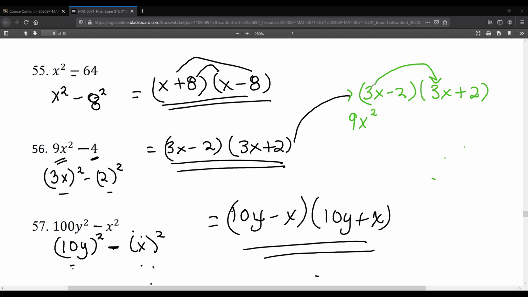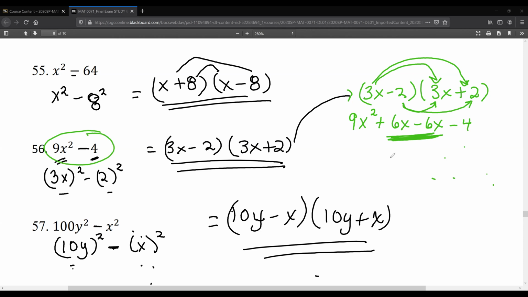All right. And when you have 3x times 2, this right here is going to be plus 6x. You agree? Yes. And you're going to multiply negative 2 times 3x, which is minus 6x. You agree? Yes. Negative 2 times 2 is negative 4. And the reason why these have to be opposite when you factor is that we want to make sure that these middle terms are gone, because when we check it, the product doesn't have a middle term.